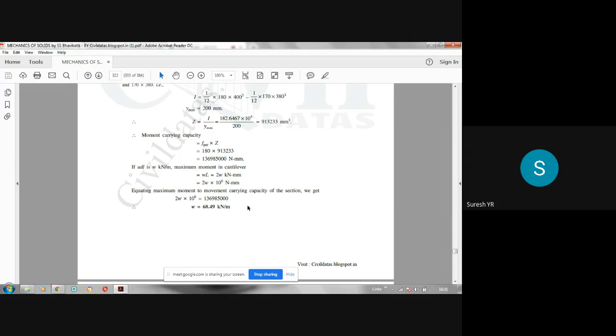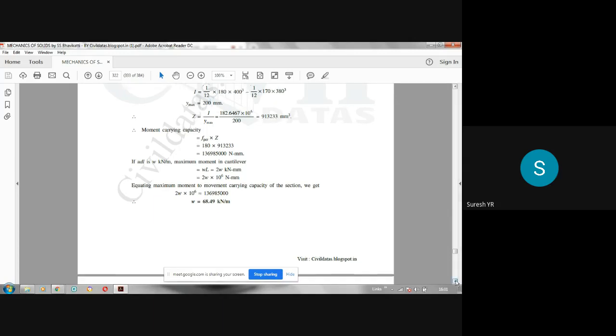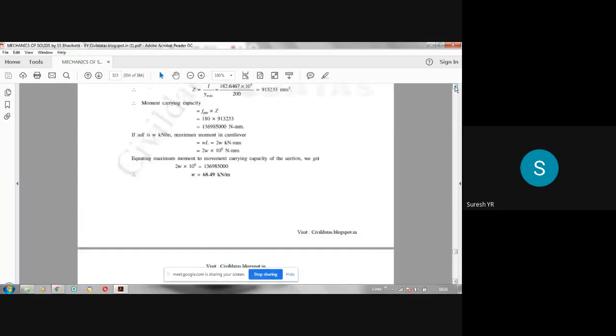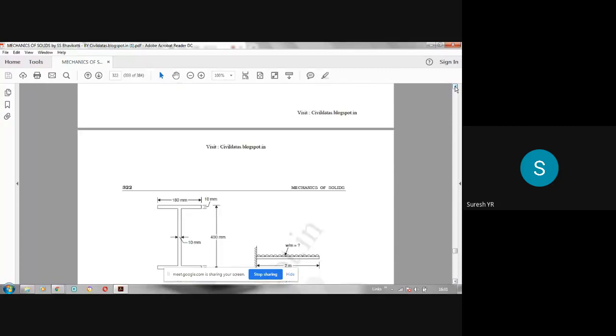In all the problems whatever I explained today, we have calculated the maximum bending moment as well as moment carrying capacity. Maximum bending moment from the standard formula; moment carrying capacity is permissible stress multiplied by Z value. Z is I by Y max.